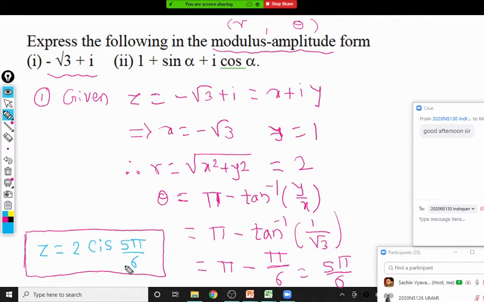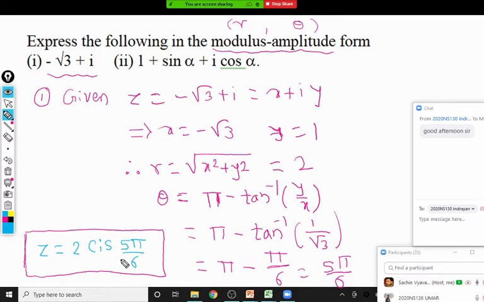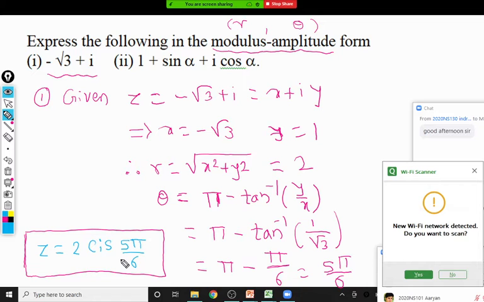So you are not audible. Yes, sir, we could not hear you after you made this rectangle. Just one minute. Excuse me, sir. z is equal to 2 times cis 5 pi by 6, where r is 2 and theta is 5 pi by 6. That is the final answer. That is the modulus amplitude form of the complex number minus root 3 plus i.